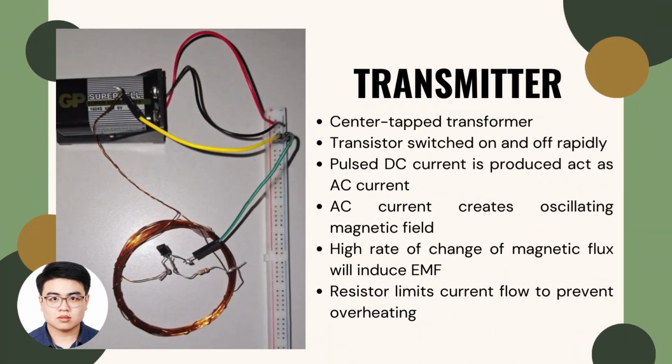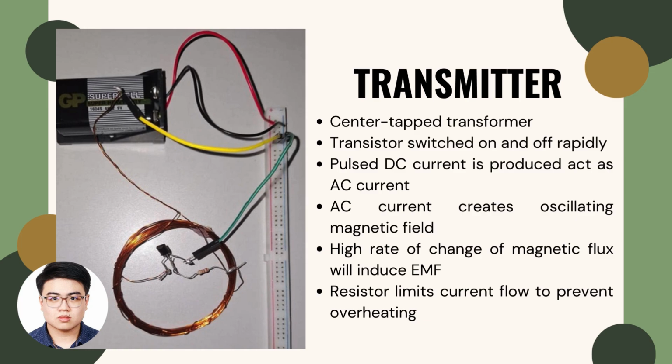I will explain the working principle for the wireless power transfer system. The transmitter, as shown in the diagram, consists of a copper wire winding of 30 turns connected to the transistor, resistor, and power supply. The base of the transistor is connected with a resistor and connected to one end of the copper winding, and the collector is connected to the other end of the copper winding.